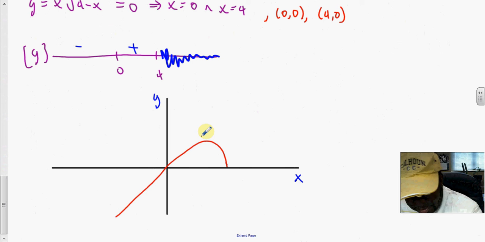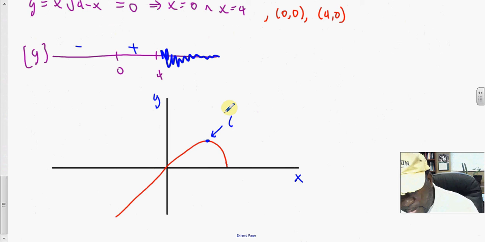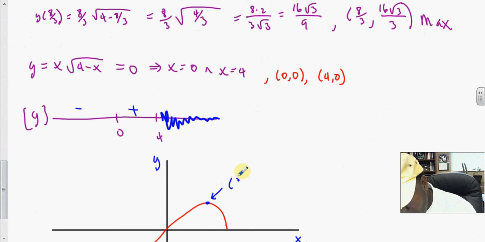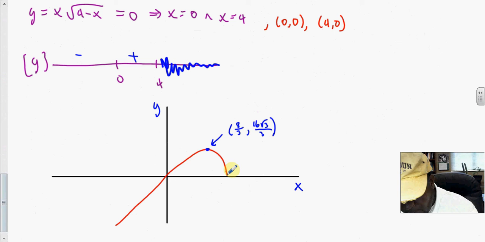Okay. Graph is definitely not drawn to scale, but I think you get the idea. I have a maximum there, (8 over 3, 16 square root of 3 over 3). X-intercept at (4, 0).